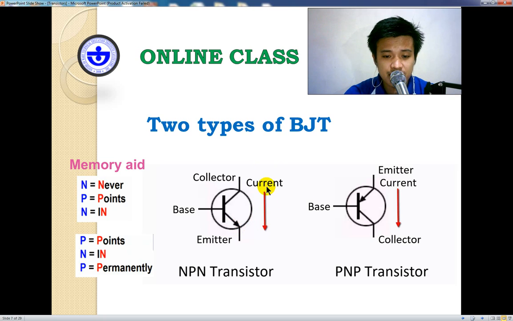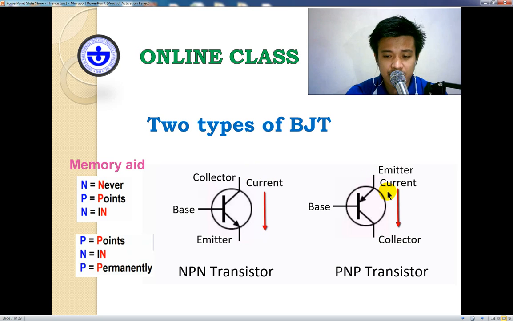The same in here, since the arrowhead is here, it means your current must be flowing from the collector towards the emitter. And here also in the PNP, the emitter is on top, and the arrowhead is pointing inside, so the current will be flowing from the emitter towards the collector.